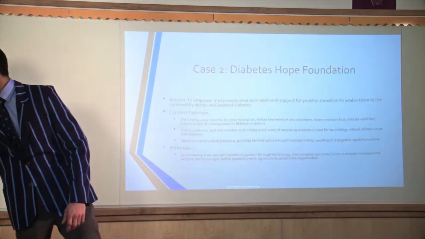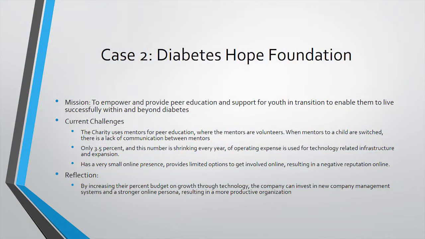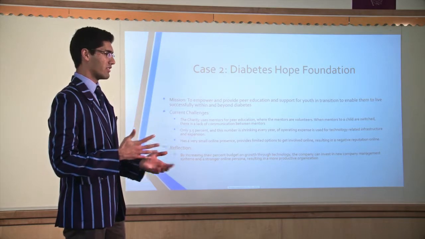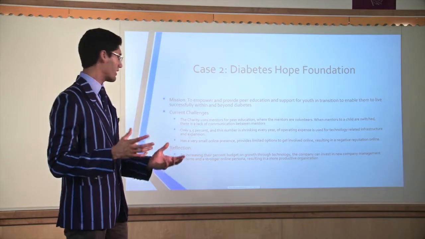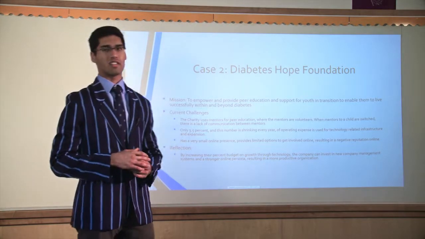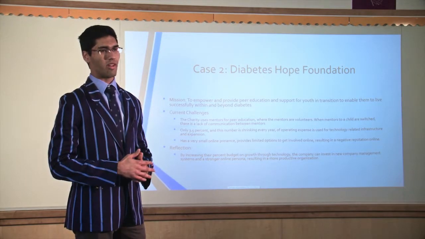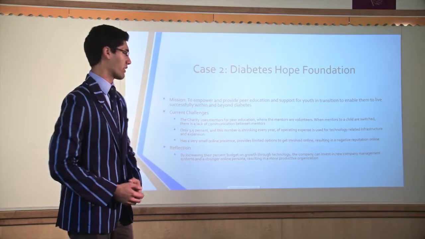Another example of the problem would be the Diabetes Hope Foundation. They try to empower and provide peer education to support youth that have been facing diabetes. Currently, the challenge they face is that they've been using mentors for peer education. And really only 3.5%, I think the number was, of their operating expense is spent on technology and expansion through that method, which is a very small amount, and it's not using the true scope of what technology can bring them.